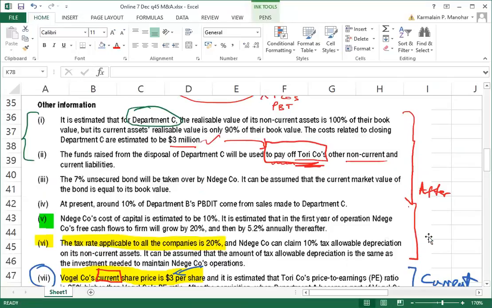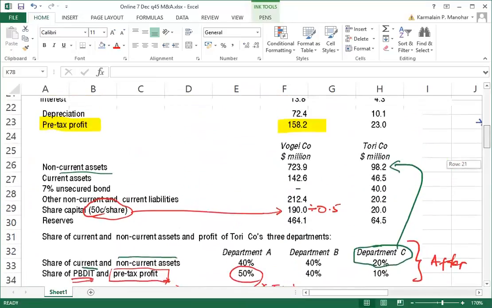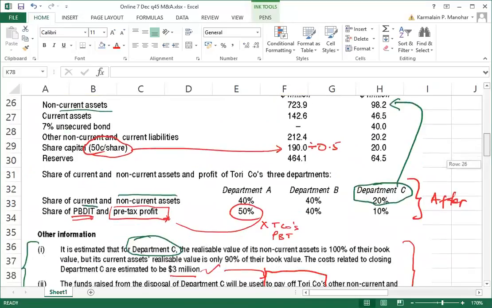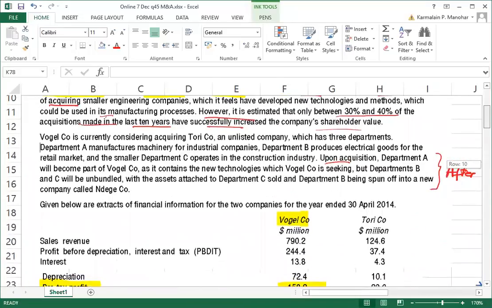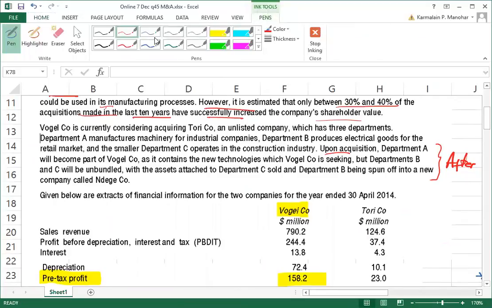So we have that, but we need free cash flow for N. What's N? N will be coming from department B, which will be spun off into a new company called N. So that's where NEDGE is coming from. So NEDGE is department B. Good.